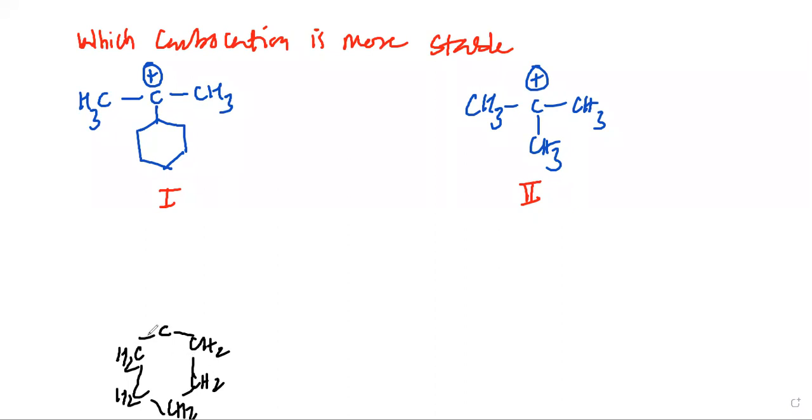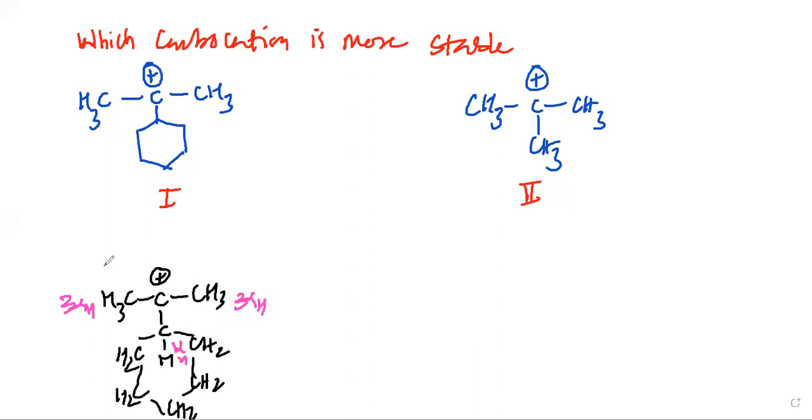Now look at this carbon, the valency 1, 2 are used. There is only one hydrogen present. This is what is bonded to the carbon which has the positive charge. And then you have CH3, and then you have CH3. So here the number of alpha hydrogens is 3 here, 3 here, and 1 here.